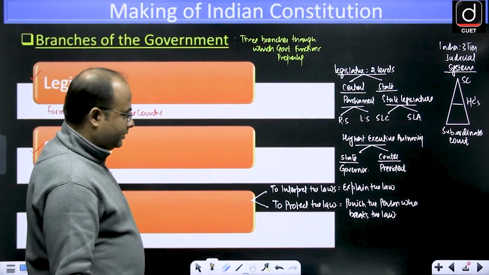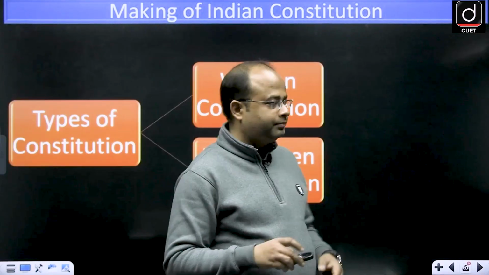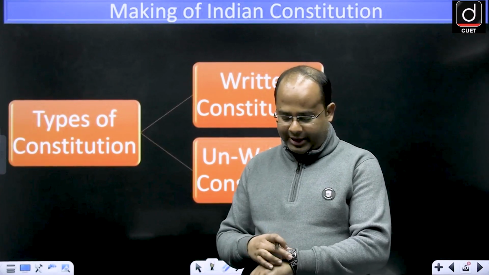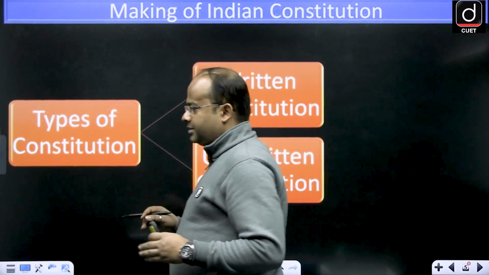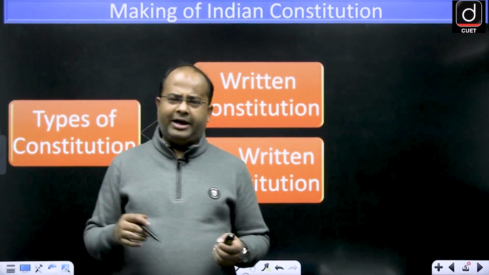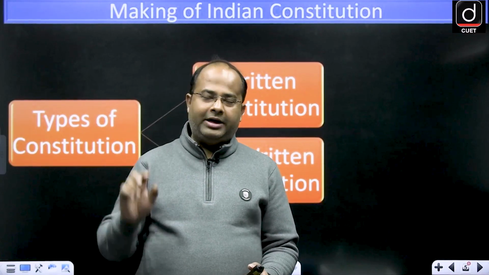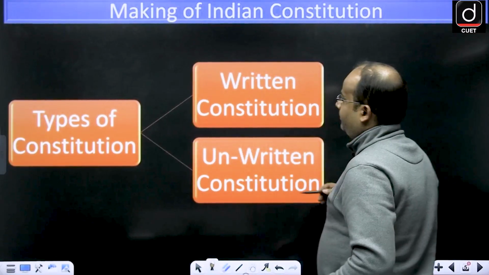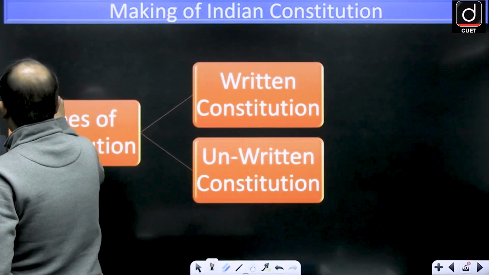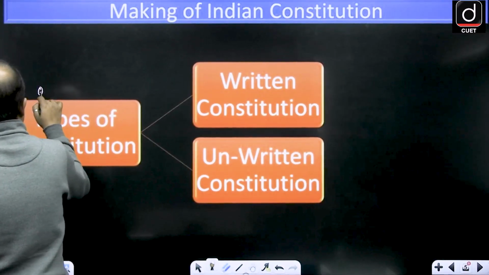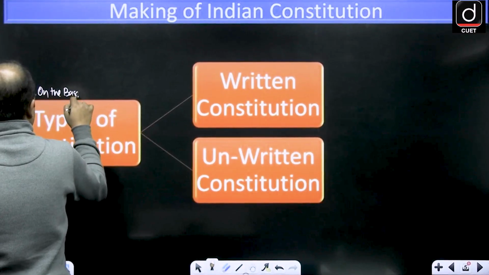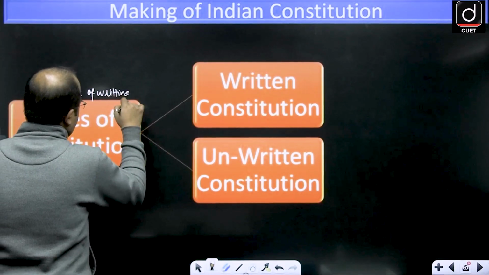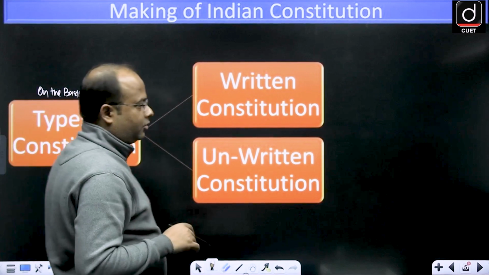Now, guys, let's come to the next thing, that is the types of constitution. If I divide the constitution, we can classify it in many types. On the basis of writing, we have written and unwritten constitution.